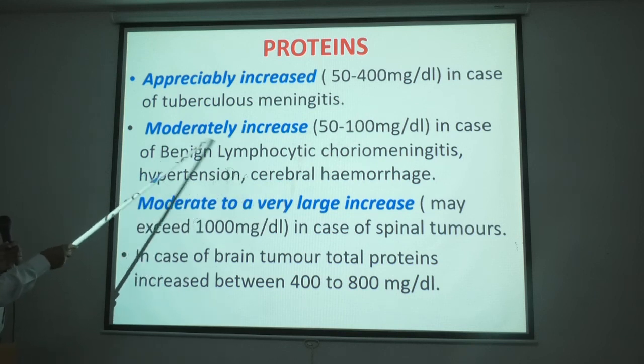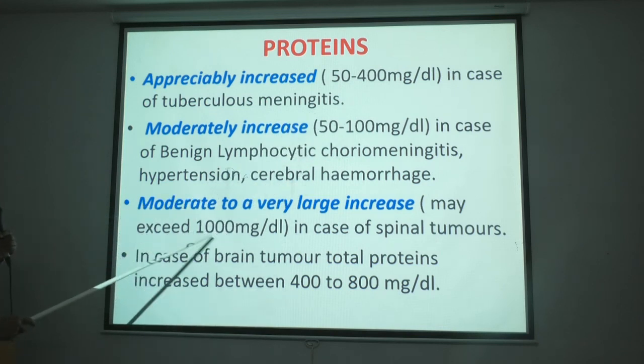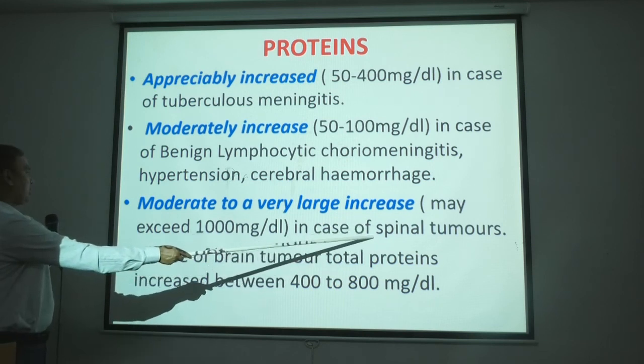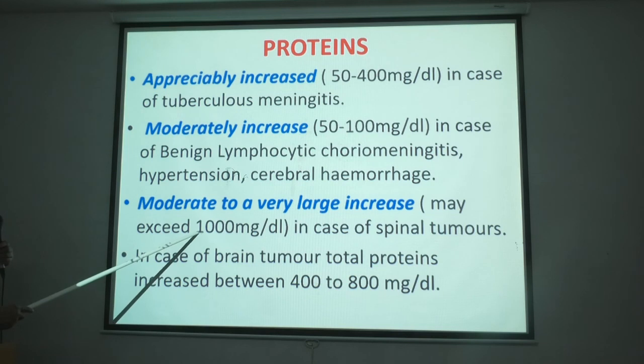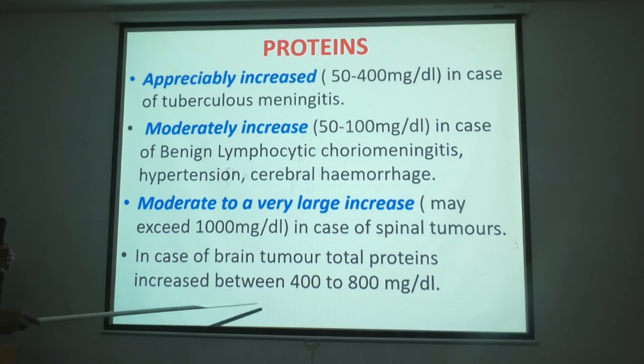But highly increased in case of spinal tumor, where it may go to 1000 milligram. In case of brain tumor, total proteins will be increased to about 400 to 800 milligram.